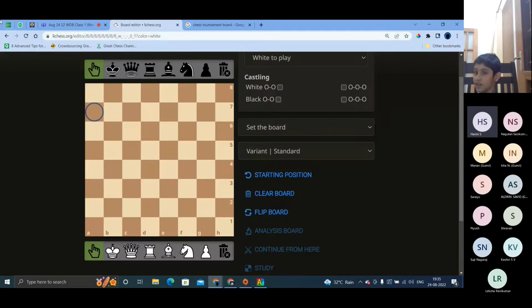Sarayu, can you answer this square? A7 dark square, ma'am. And this one? C2 light square, ma'am. Okay, very good. Now, Shravan, do for this.